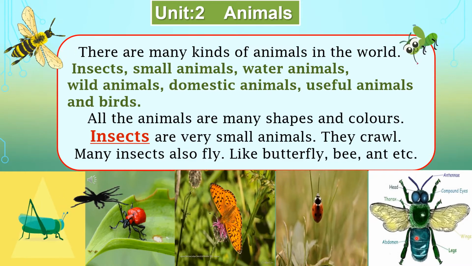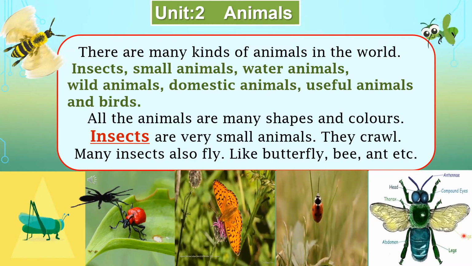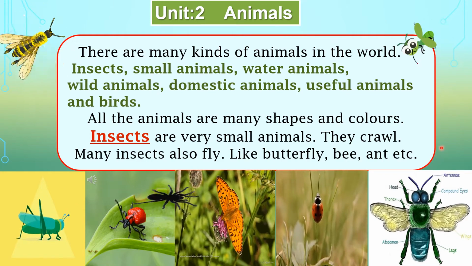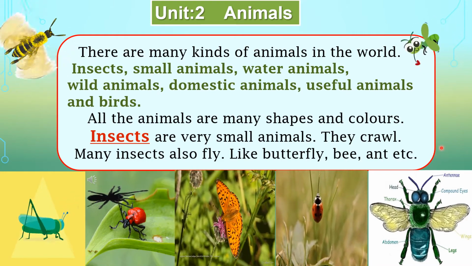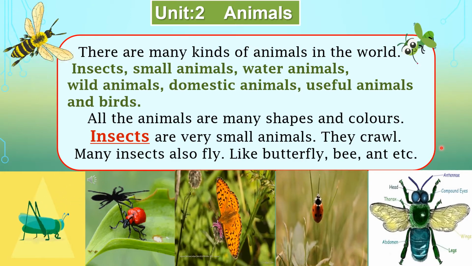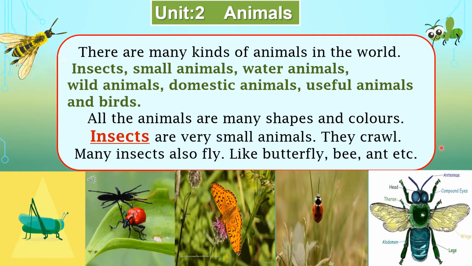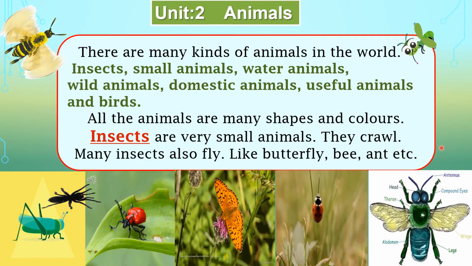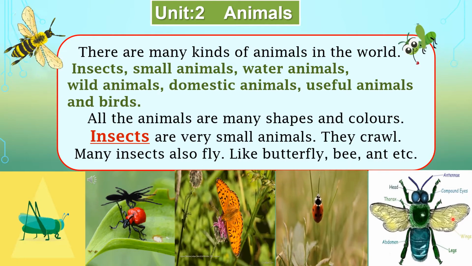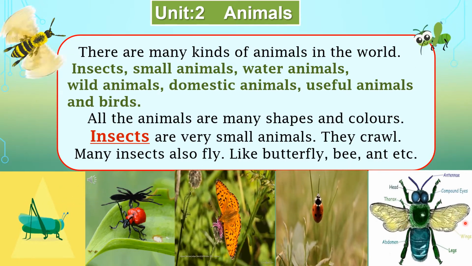These are the insect's body parts, but you don't need to learn more about them. You just have to learn that the animals that have 6 legs, and generally one pair of wings, are called insects.